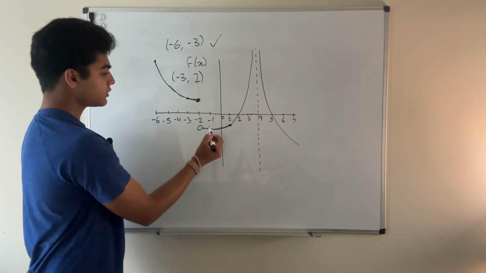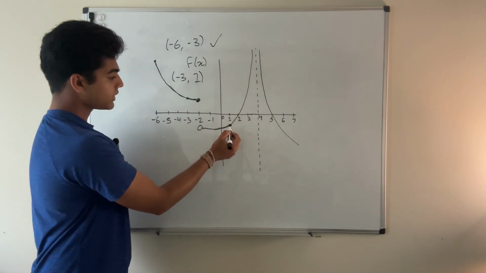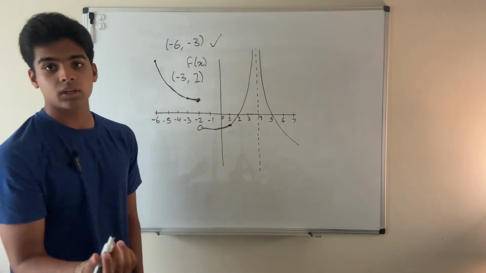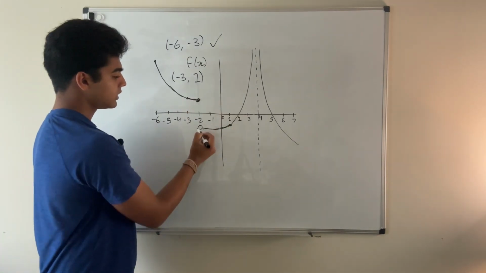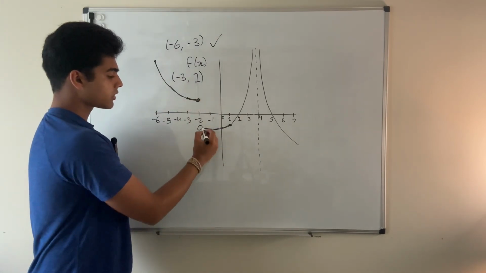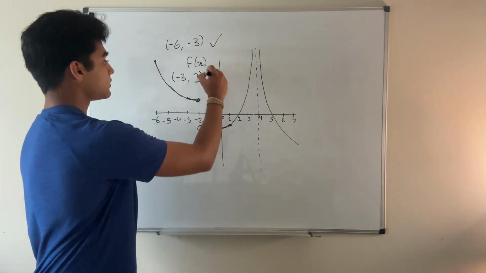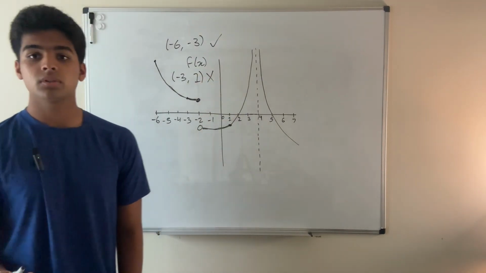So from -3 to 1, we can't go from -3 all the way to here on the graph without picking up our marker. We can't kind of go like that, you know? So we have to go from here, pick up our marker, and then go down here. So because of that, this interval is not going to be continuous.